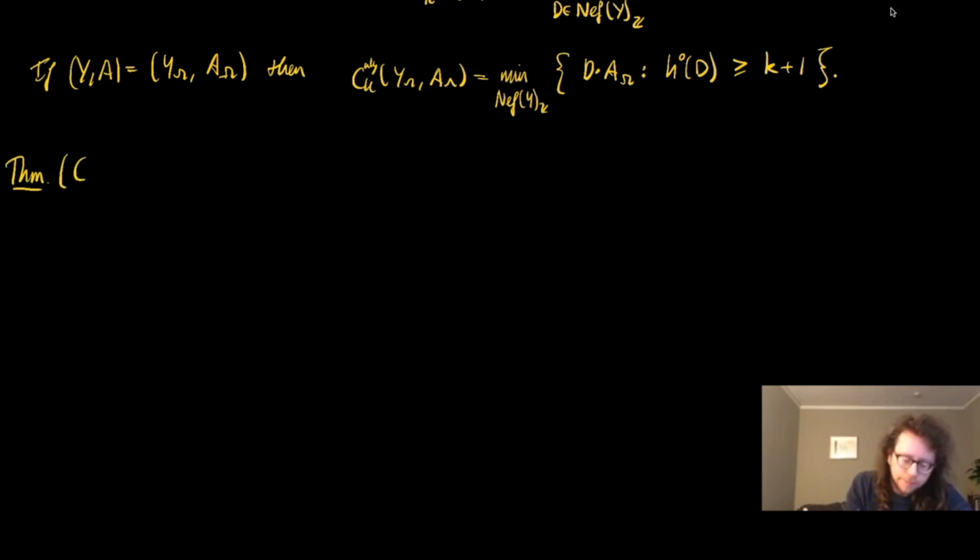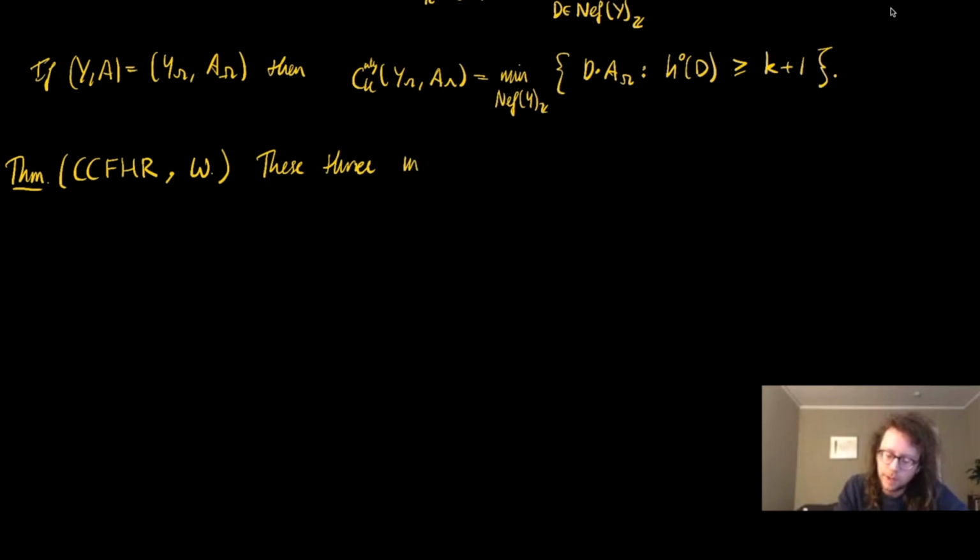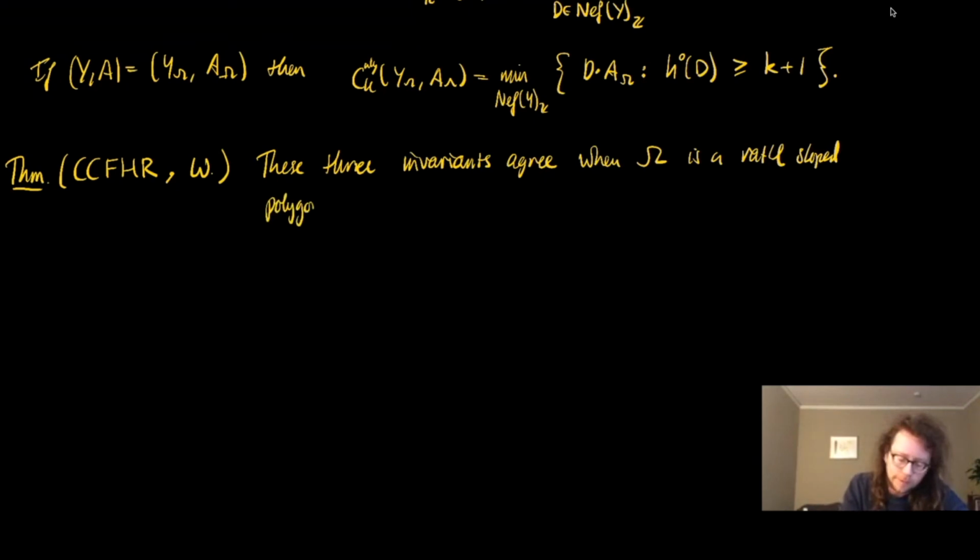And the theorem of, let's see if I remember all the names, Christopher Gardner, Choi, Frenkel, Hutchings, Ramos in 2015, and then me in 2019, is that these three invariants agree when omega is a rational sloped polygon that is also a convex domain.